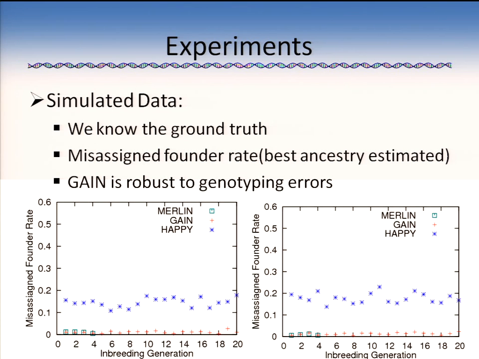Both Merlin and our algorithm show very low error rate in estimating the founder ancestry. Happy has a 20% error rate here. We also tested robustness to noise, which is a genotyping error here. And the error rate of both ours and Merlin doesn't change very much.